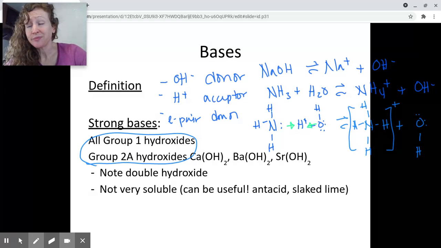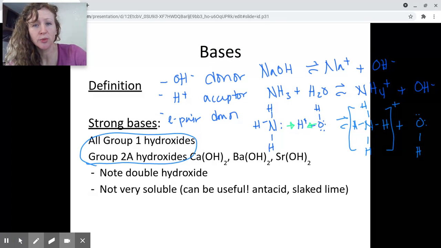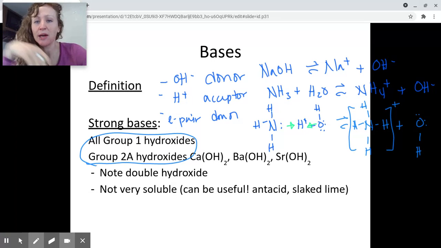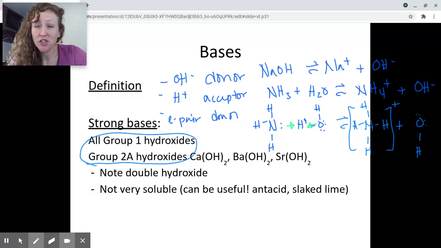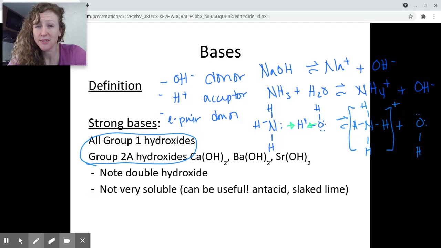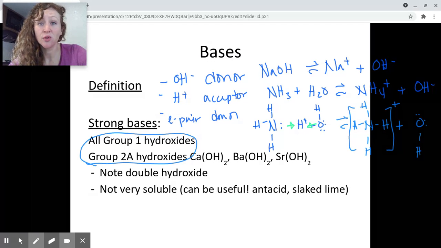Now, this isn't technically true for all group 1A and group 2A hydroxides. Some of the larger ones down at the bottom are not actually strong bases, but we're not going to deal with those in this class, and you actually don't have to know those exceptions in this class. So if you see a group 1A or 2A hydroxide, you can safely assume that it is a strong base.